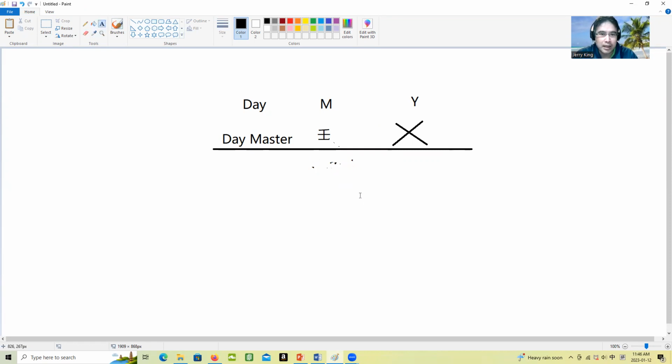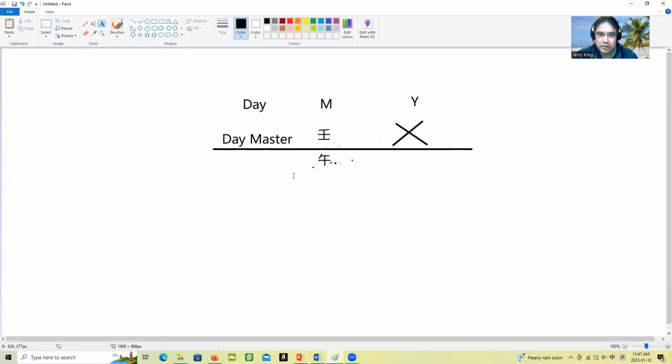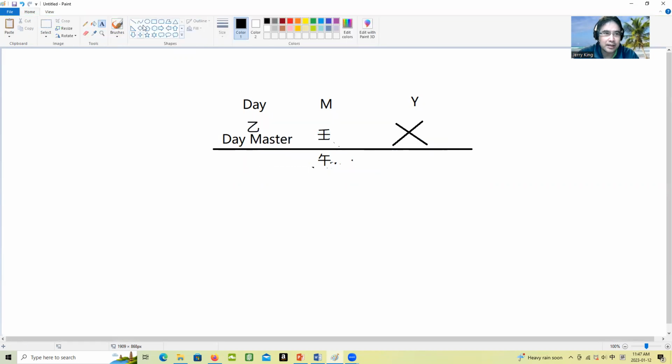And I have a Wu here. So this is your output and your day master. The day master would be Yi, because wood, and that feeds into your horse. This is your horse. It's almost like Chinese chess that I'm trying to build here. Bazi is almost like a chess match.